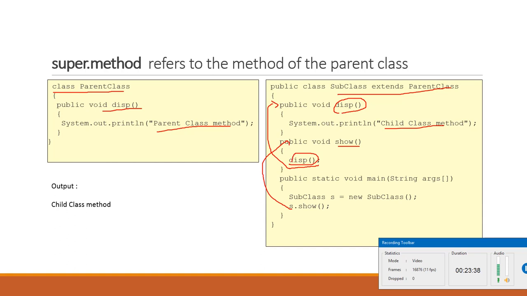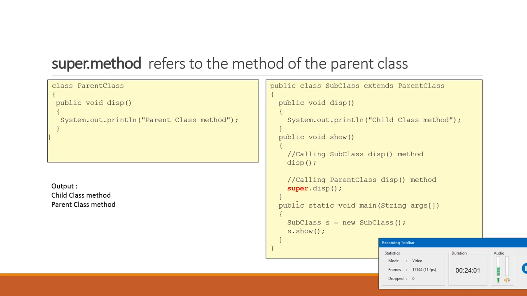Since the parent and the child class both have the same method, only the child class method will be executed because there is no super keyword. So this disp will call the child class disp method and will print child class method. Now how to call the parent class method? The only difference is here: this statement will call the child class method, super.disp will call the parent class method.